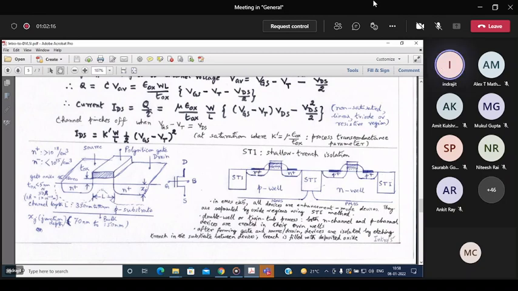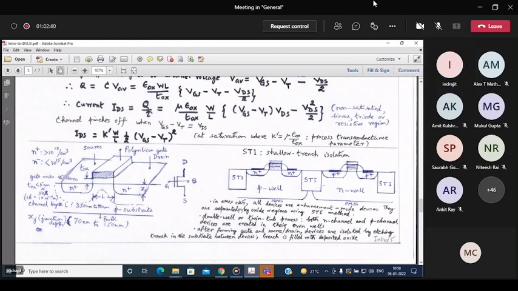In the twin well process, or twin tub, all of you are aware of the terminology, the NMOS transistors are fabricated on the P well and the PMOS transistors on the N well. And to isolate any pair of devices, we have shallow trench isolation between them.